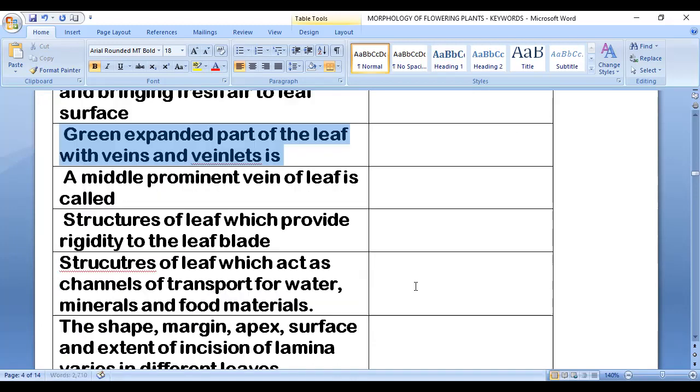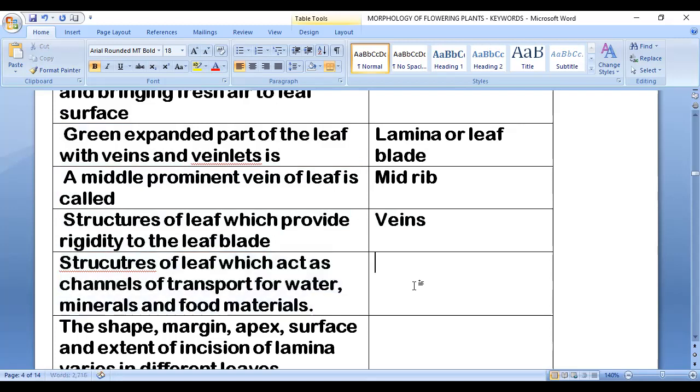The green expanded part of the leaf with veins and veinlets is the lamina or leaf blade. A middle prominent vein of the leaf is called the midrib. Which structures of the leaf provide rigidity to the leaf blade? Veins. Which structures of the leaf act as channels of transport for water, minerals, and food materials? Veins.